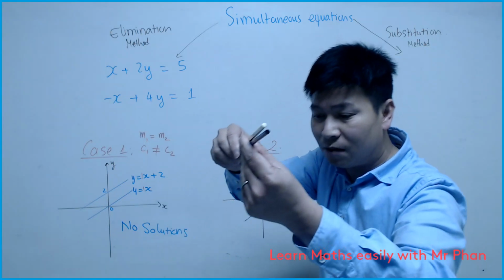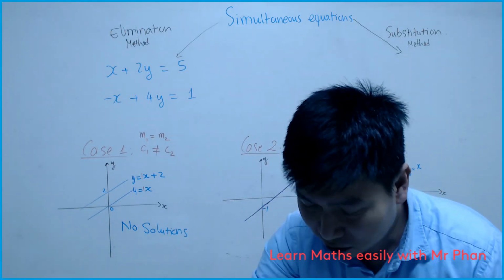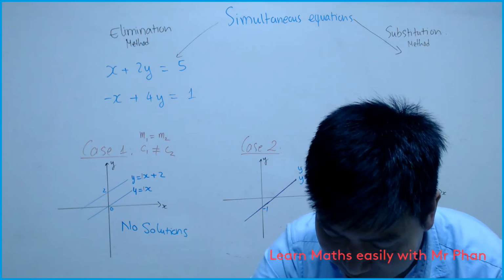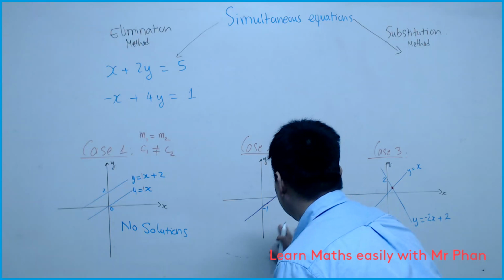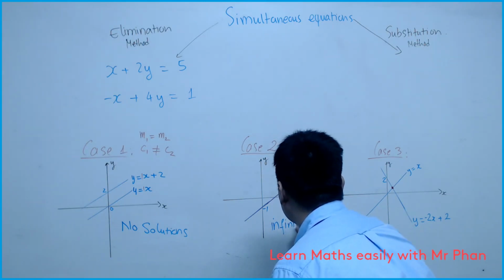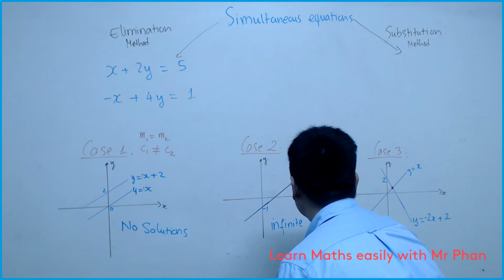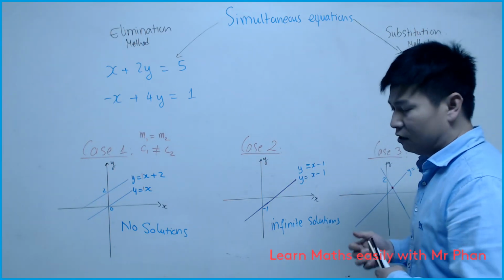That means line number one touches line number two forever. That means you have infinite solutions. You have many solutions, which is called infinite solutions.